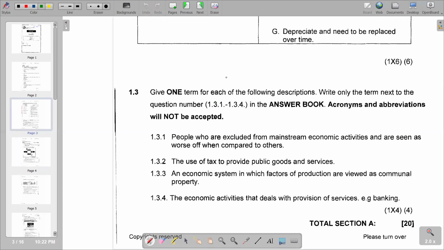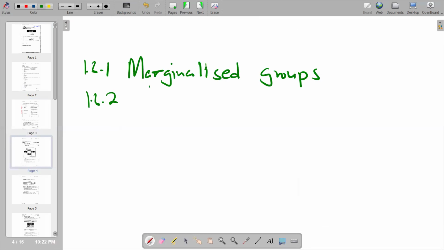Government expenditure is money spent by the public sector on the acquisition of goods and provision of services. We can talk about spending on education services, and healthcare services is also part of government expenditure. So 1.3.2, we are saying this is government expenditure.